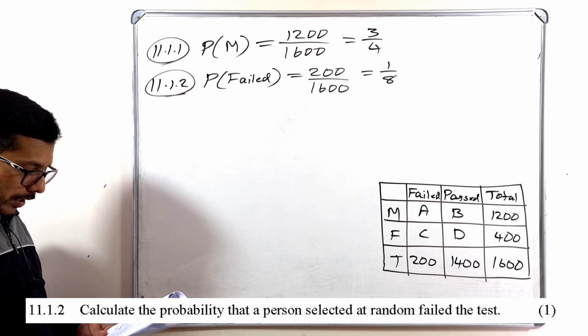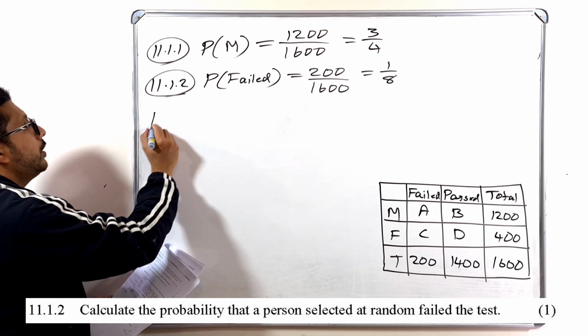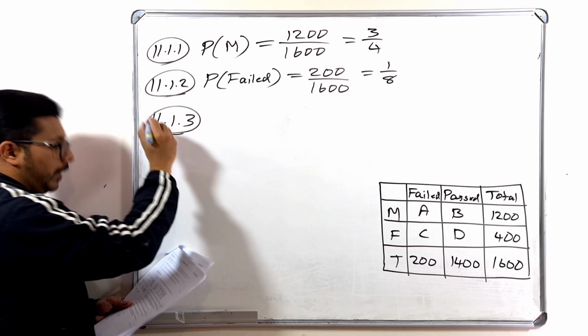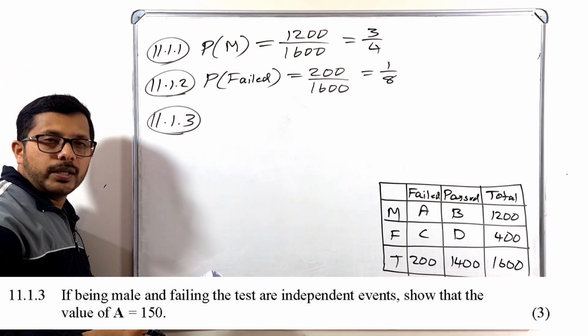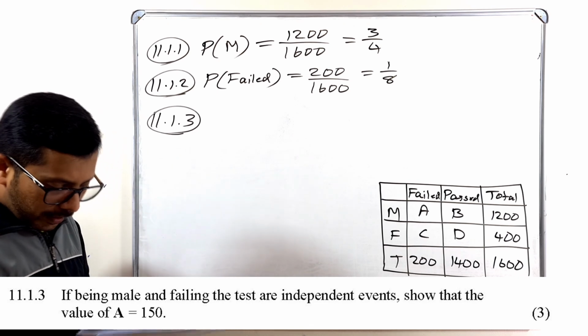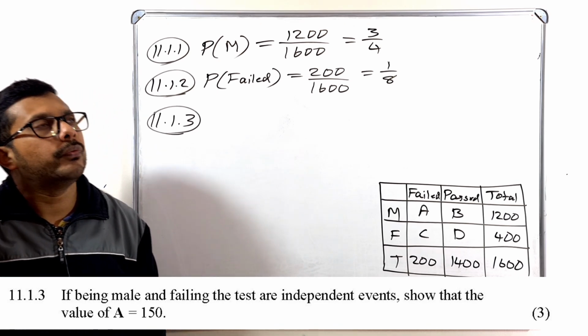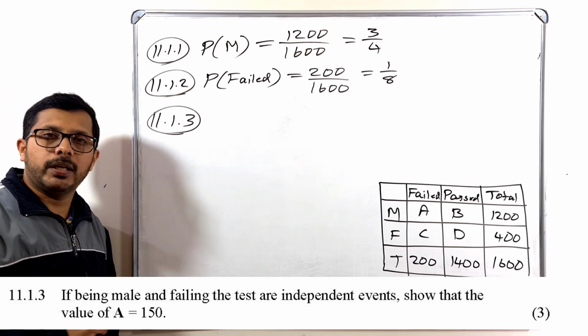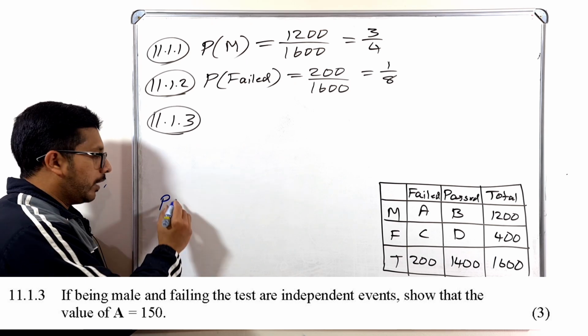11.1.3. If being a male and failing the test are independent events. It is given in the question that being a male and failing the test are independent. Before I continue, what is the condition for two events A and B to be independent?